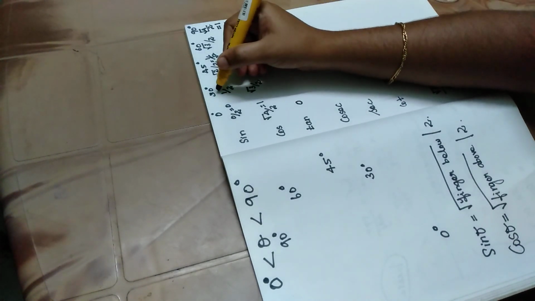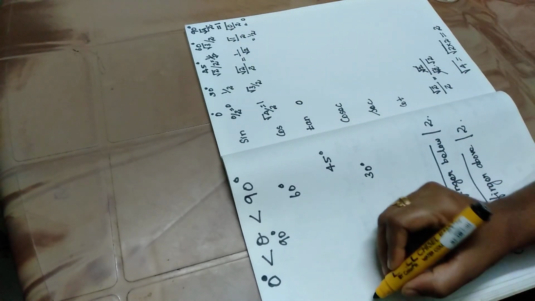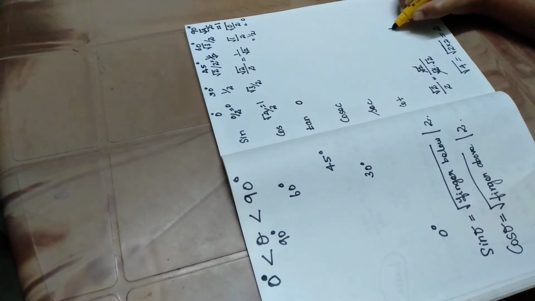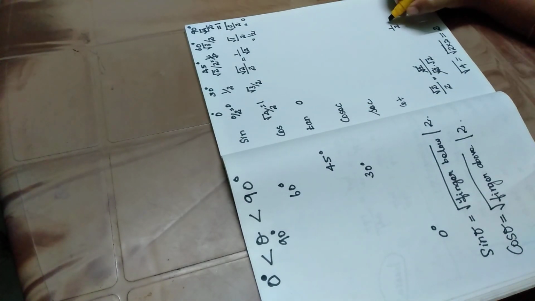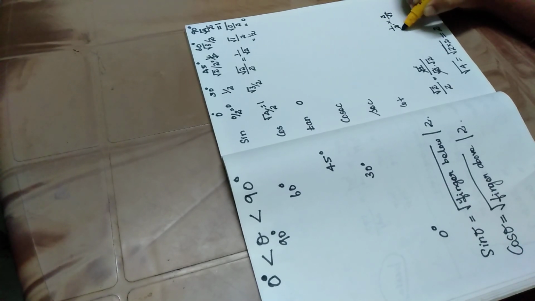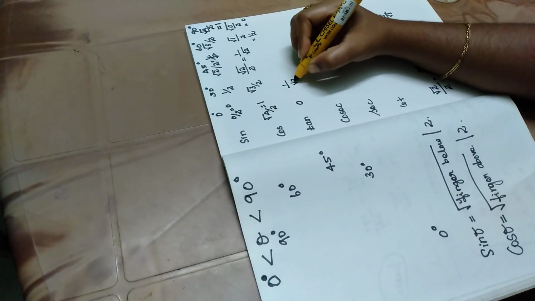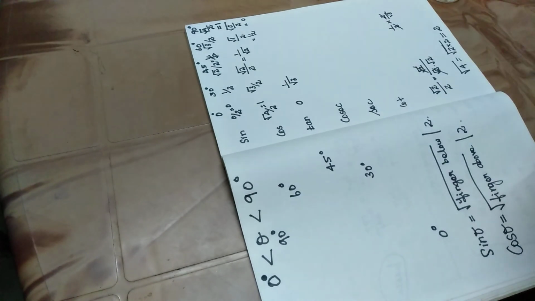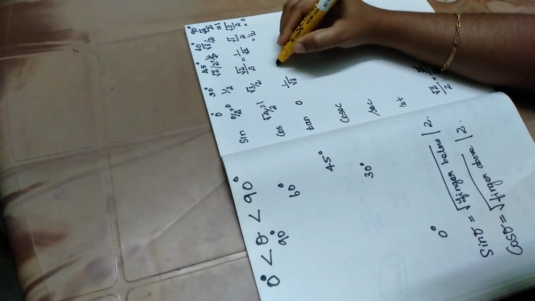Now 30 degree. Yeah. 1 by 2 divided by another fraction. So division will change into multiplication and the reciprocal. 2 gets cancelled. Now 1 by root 2 divided by 1 by root 2.